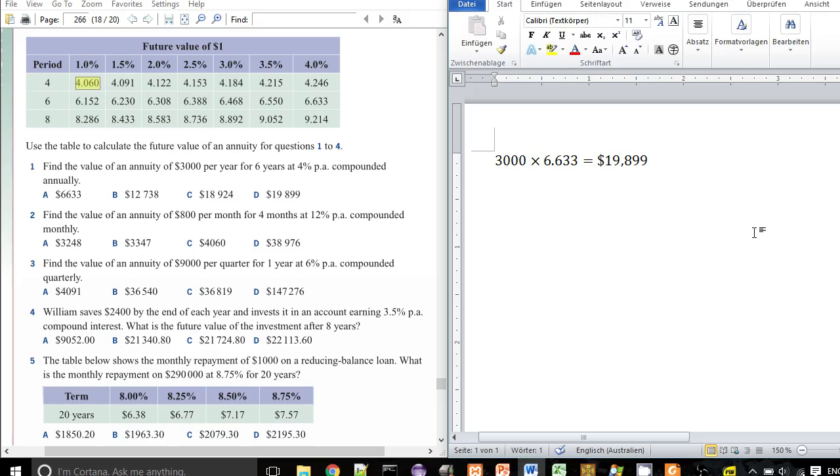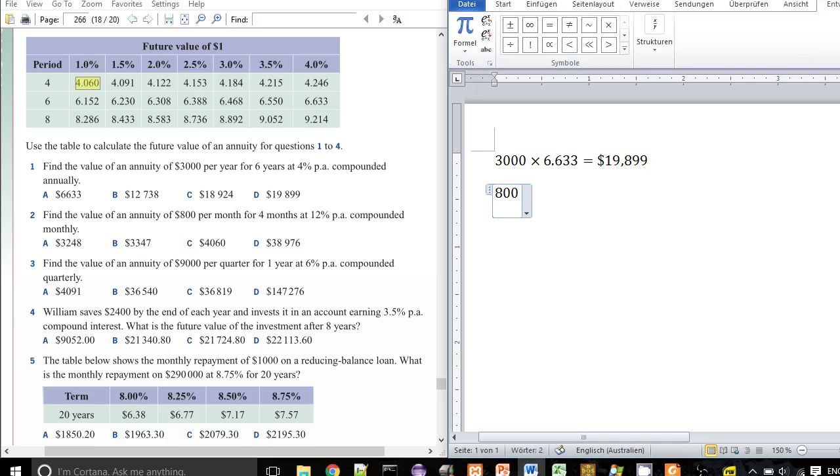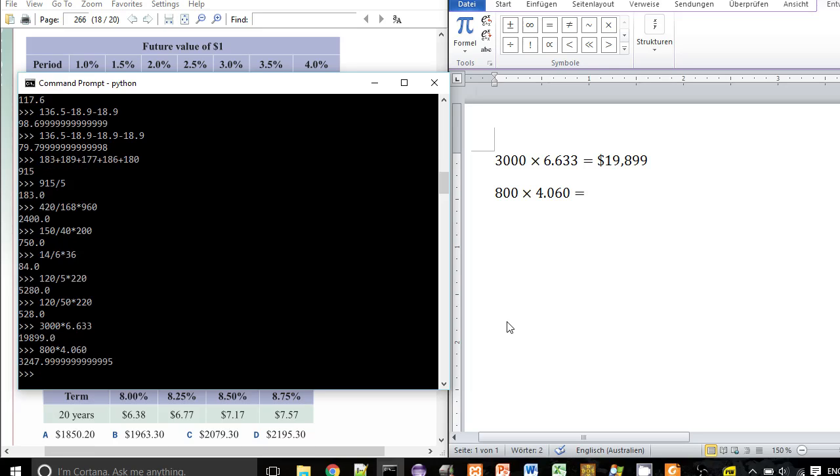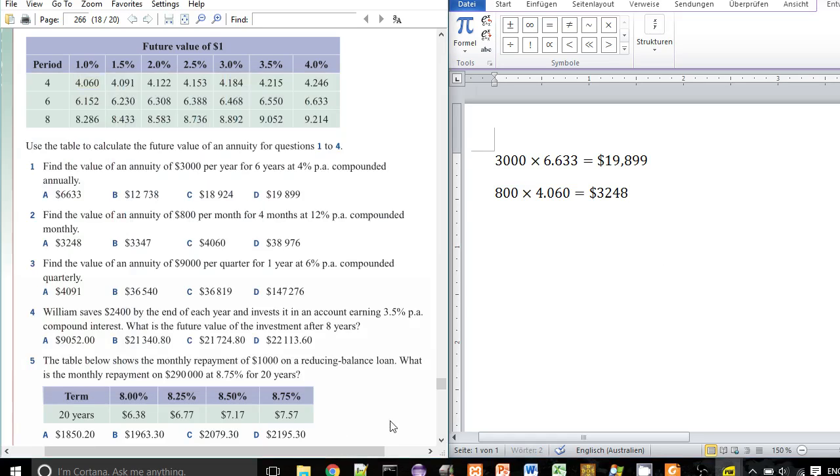It's going to be $800 times 4.06, which is 3248. It's meant to be 3248, I think.